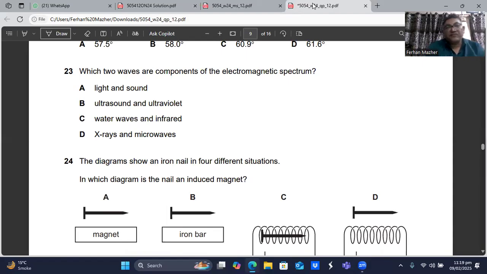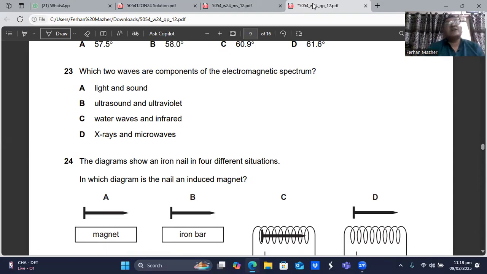Water waves and infrared. Infrared is part of the electromagnetic spectrum, but water waves are not. X-rays and microwaves, yes, both belong to the electromagnetic spectrum.